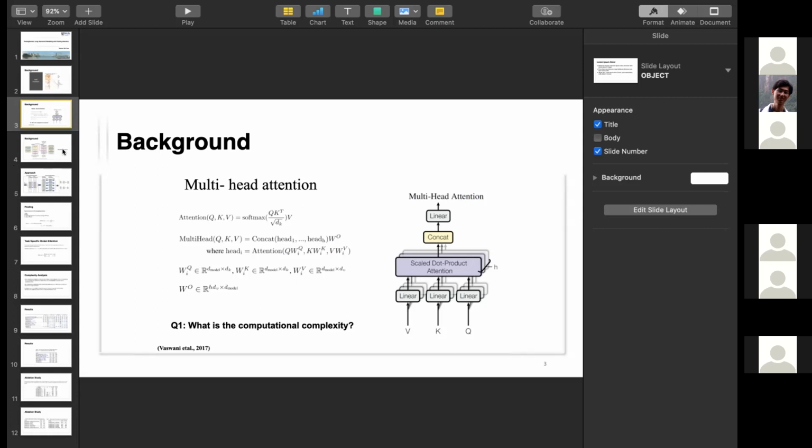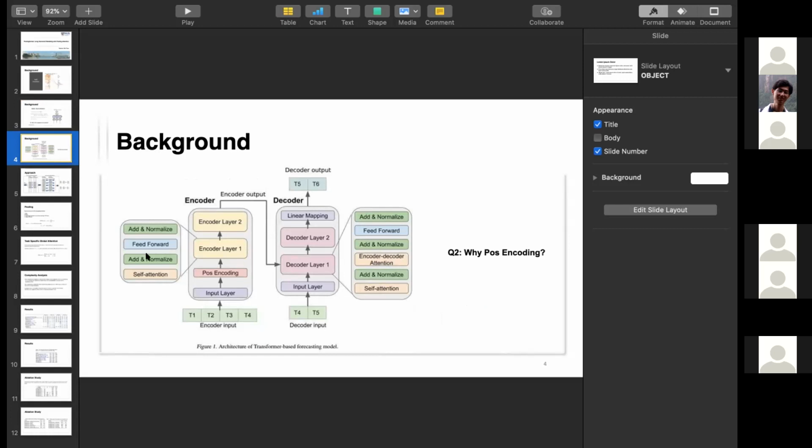This slide shows the overall structure of the transformer. Here we have the input sequence T1 to T4, and after we convert it into embeddings and add the positional embedding, we feed it into the transformer encoder layer. It usually has 6 layers or 12 layers.